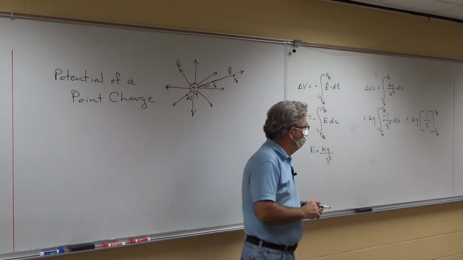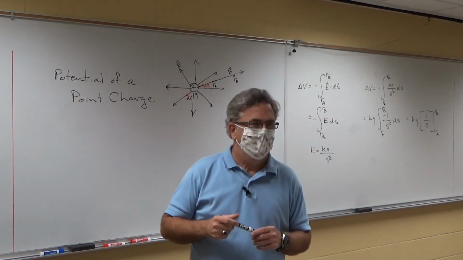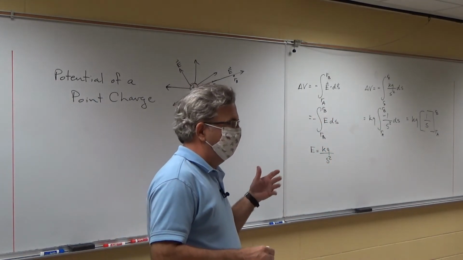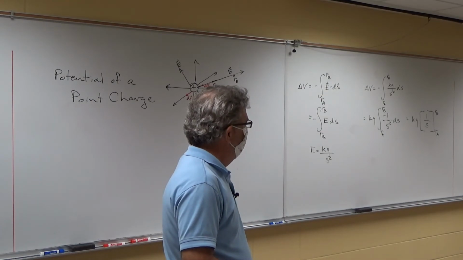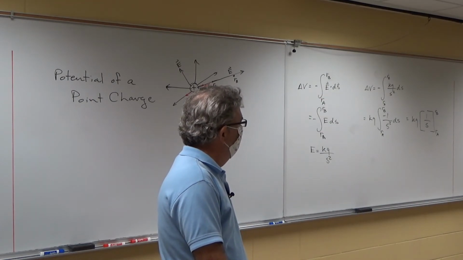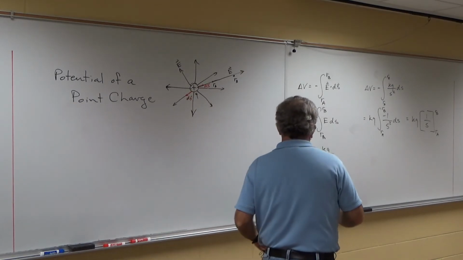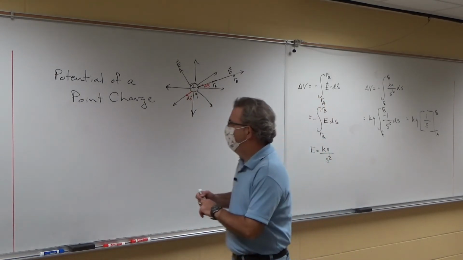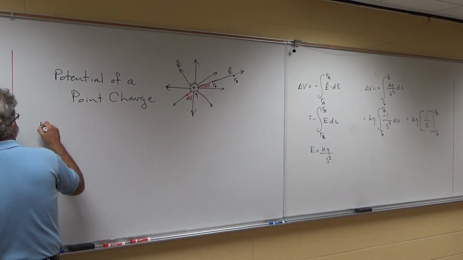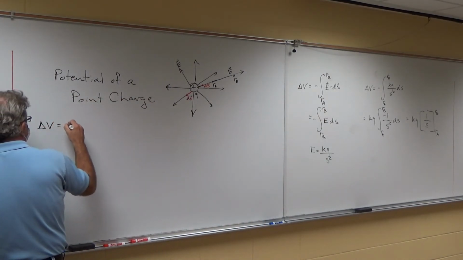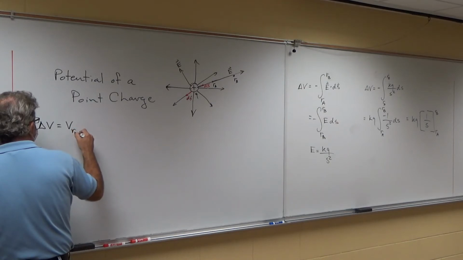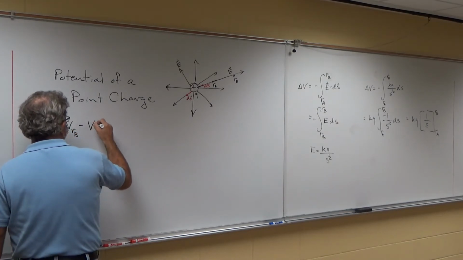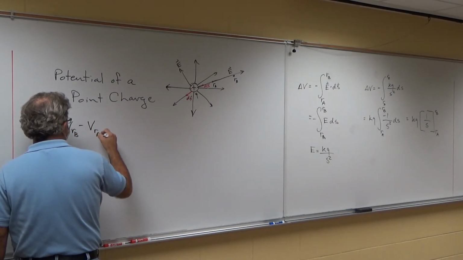When you do the integral, the negatives cancel, so you just get KQ times 1 over S. So I'm going to write this over here. Delta V equals V at RB minus V at RA.